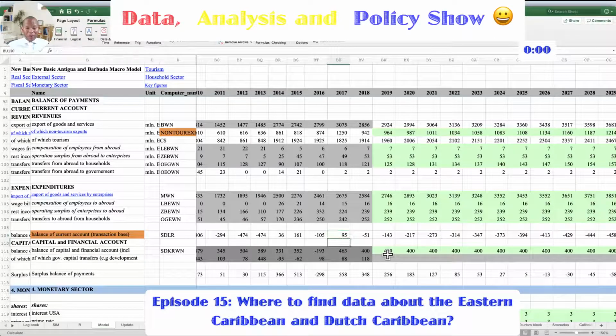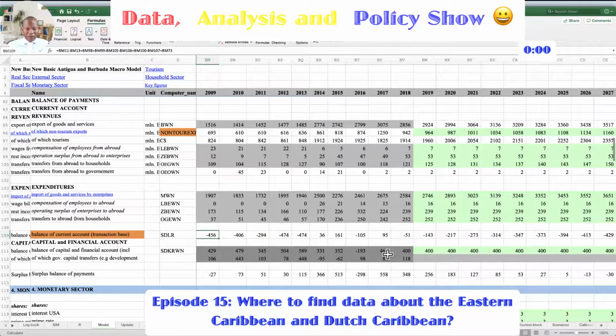For a stable country, we want to see a positive balance. Here also, in those 2 years, apparently they have huge money flowing in because the exports are much higher than the imports. So the Antigua and Barbuda economy seems to have been growing.